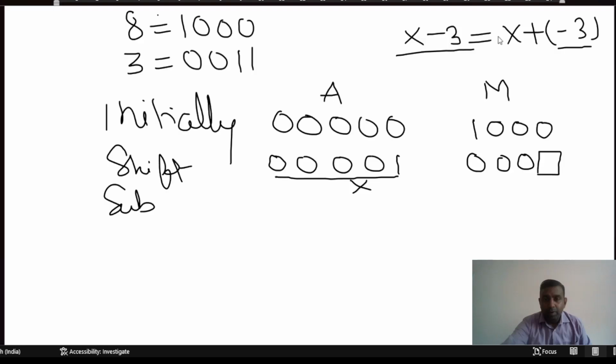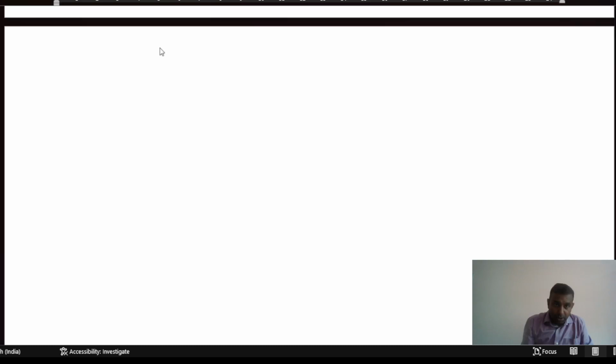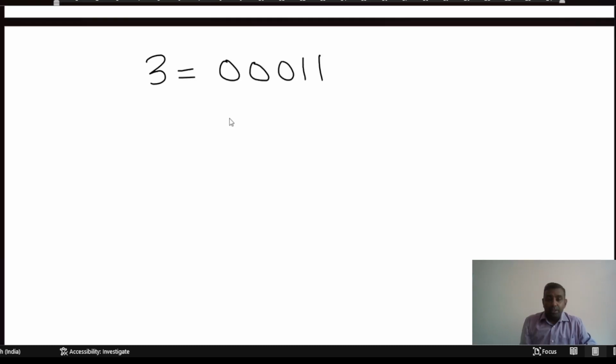We need to perform 2's complement. Suppose this is our 3. What is the value of 3? 0 0 0 1 1. It should be in 5 bits, that's why I add 0 in front of the number. This is my 3 in binary. Now I want to perform 1's complement.